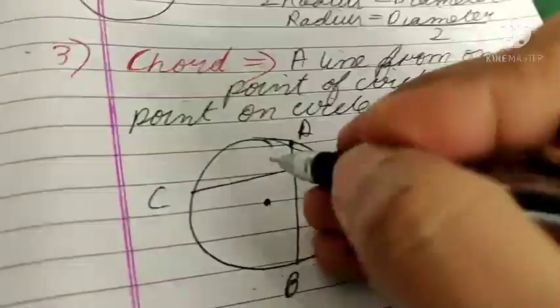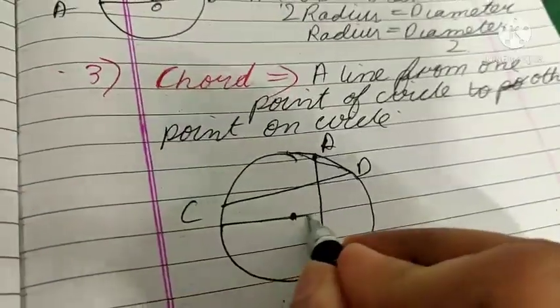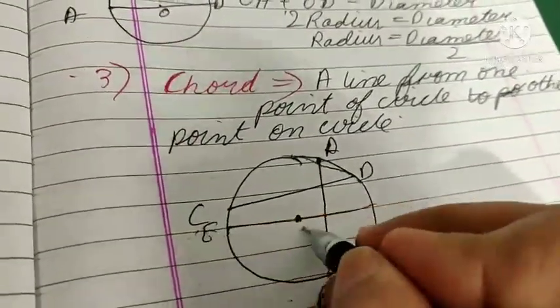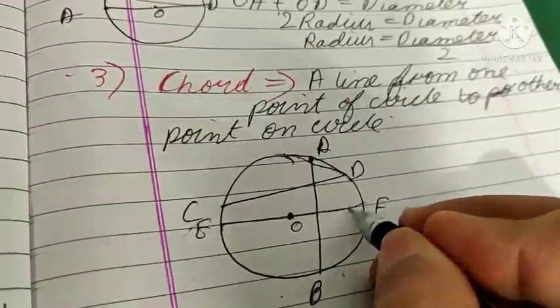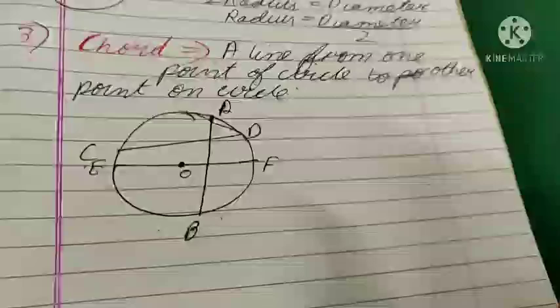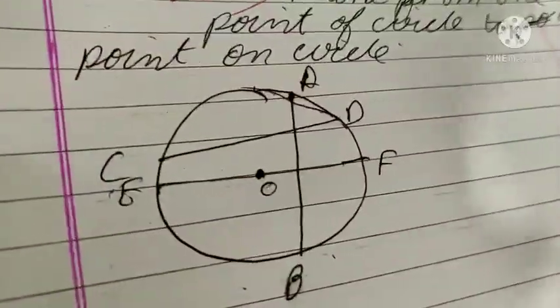Okay, or even this as well, passing through the center as well. This is EOF. So this EOF is a diameter. It is also a line from one point of the circle to the other point of the circle, and it also passes through the center. A line passing through the center will form a diameter.